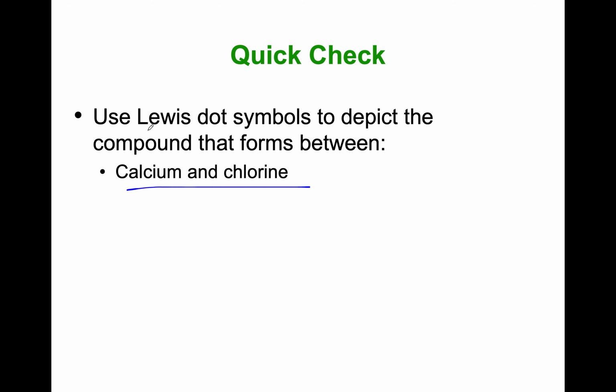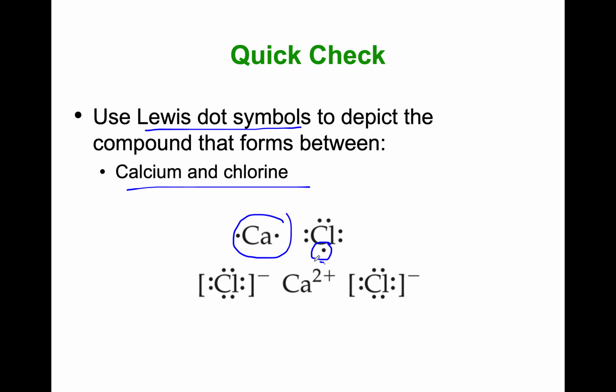Remember again, what we're doing here is the Lewis dot symbols. You can start with the element symbols, and then thinking the metals will lose electrons, the nonmetals will gain electrons. So if you take a look, 2 valence electrons. So now calcium is going to lose 2 electrons, but if you take a look, there's only 1 spot available. Okay, so it might help to think about the ions that form.